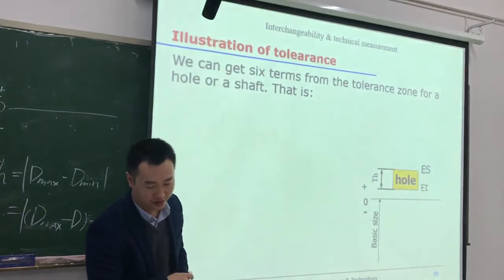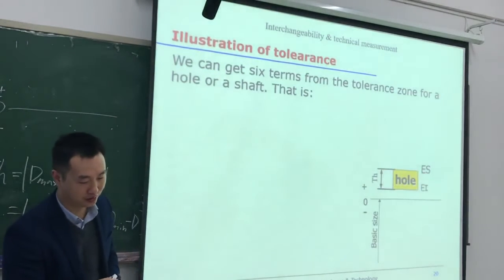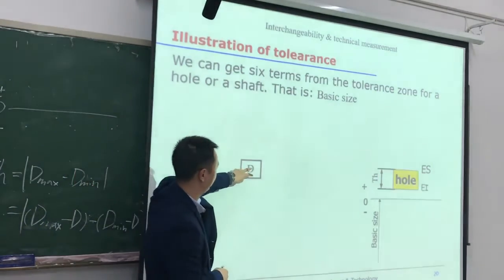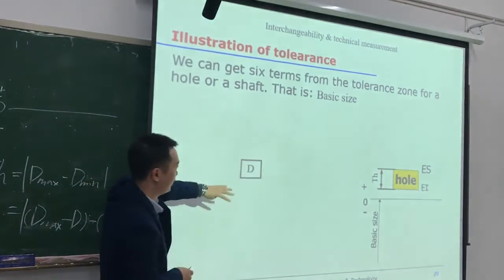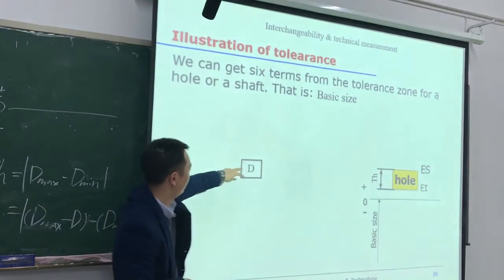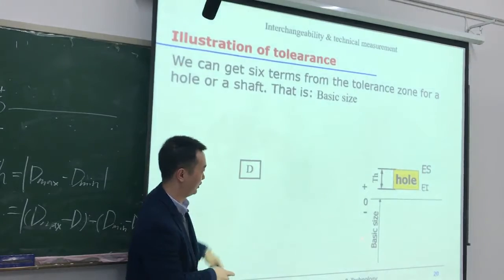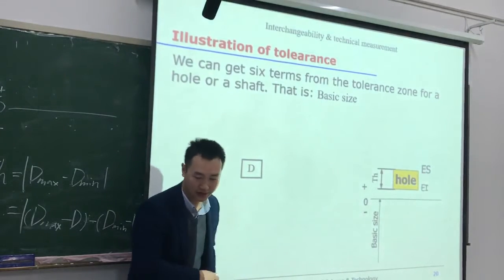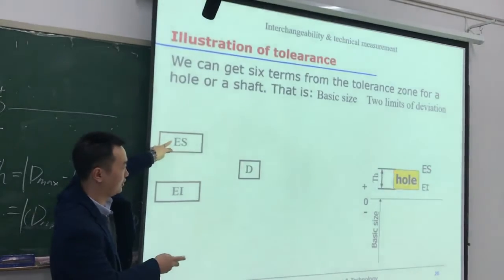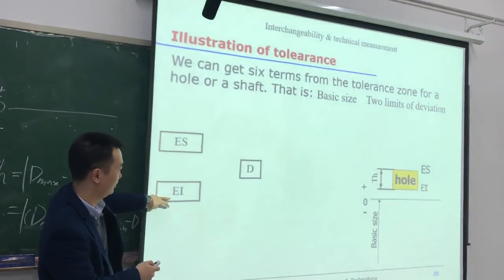So we can get six terms from the tolerance zone for the hole and the shaft. Here we use the example of a hole. First we have the capital D. What is it? It's the basic size, right? And it has the upper deviation and the lower deviation.